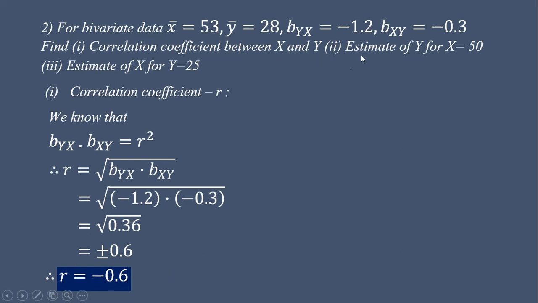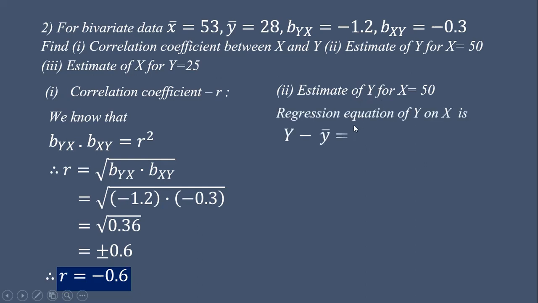Now the second example, the estimate of y for x is equal to 50. Now we want to find y, so we use the regression equation of y on x. The regression equation of y on x is y minus y bar is equal to byx into bracket x minus x bar. Here the value of x is given, this x is given as 50. Now remaining things: x bar is given, y bar is given, byx is given.